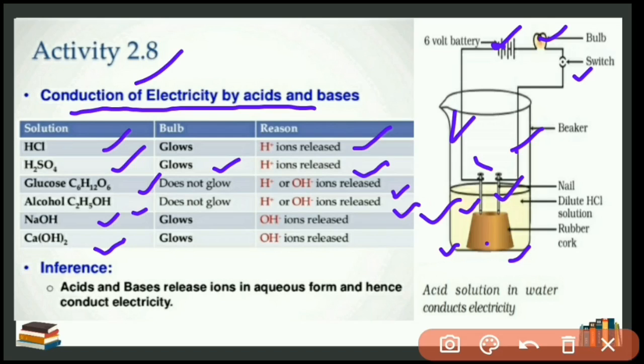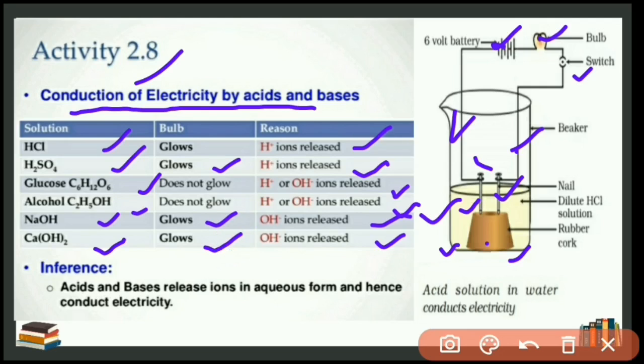When we pour the sodium hydroxide solution in the beaker, it releases OH, hydroxyl ions, so due to the ions electricity conducts and the bulb glows. When we pour the calcium hydroxide, it releases ions, and due to the movement of ions electricity conducts and the bulb glows.